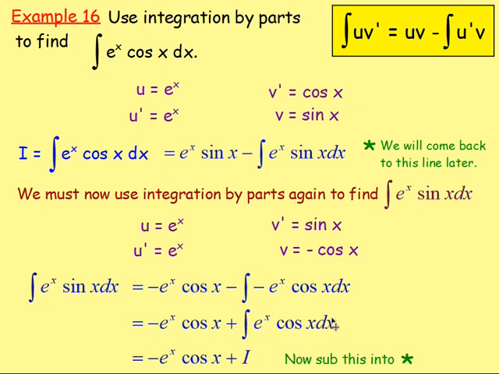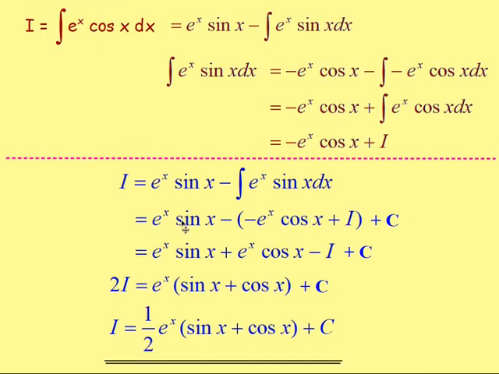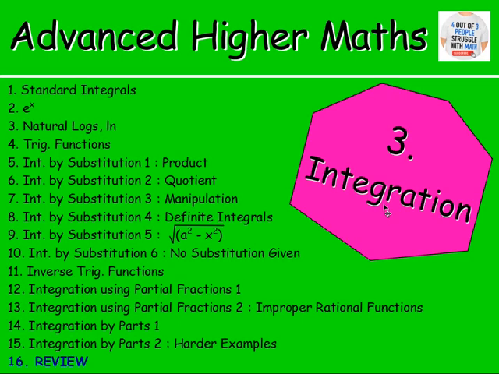And because we're back at this original question, and we're calling that I, we can replace that with I. So we can then say that we've got the integral minus, we worked that bit out, but that included an I. Get rid of the two negatives so it's plus, and then bring the I's over to one side. Once you know what 2I is, you can divide that by 2, so you get the integral equals, and then you will get your answer with your plus c.